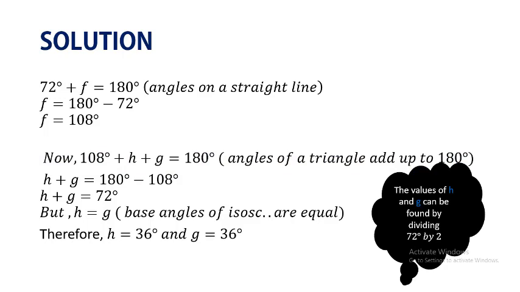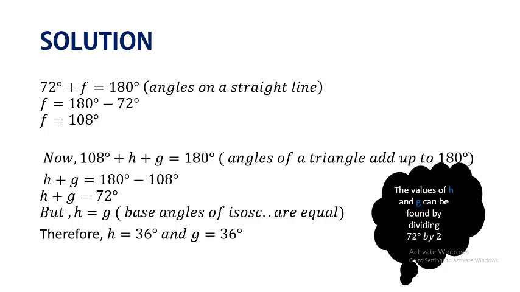So angle h plus g is equal to 180 degrees minus 108 degrees. So if we subtract 108 degrees from 180 degrees, the answer is 72 degrees. So this size is for two angles, angle h and g.